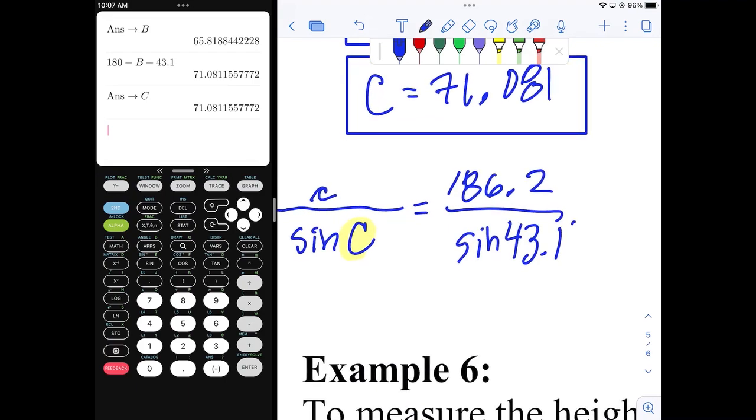All right, so now let's solve for c. Little c is going to equal 186.2 sine of my stored value of C all over sine of 43.1.